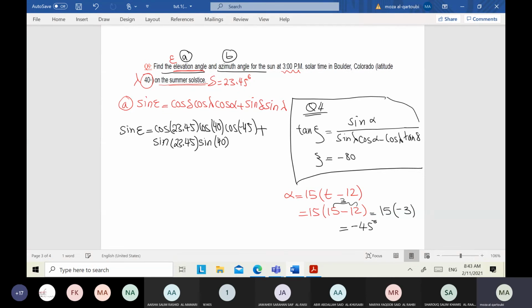Find this answer, then we find the elevation angle equal to arc sine of this value. So sine of epsilon is this, then epsilon will be arc sine of this answer. So find epsilon, the elevation angle.